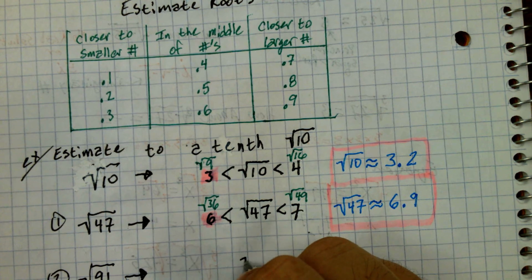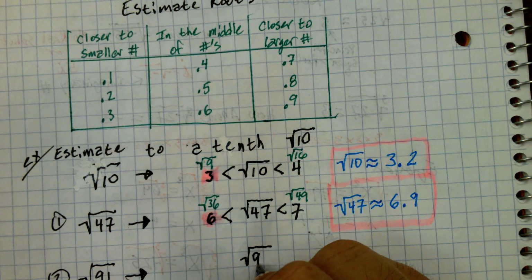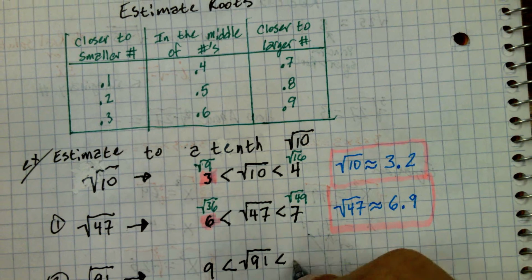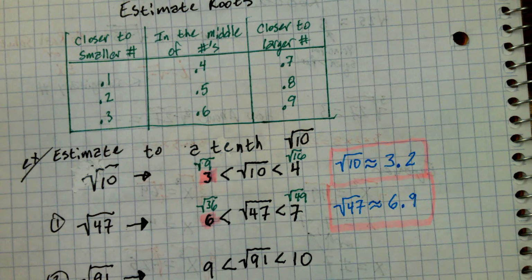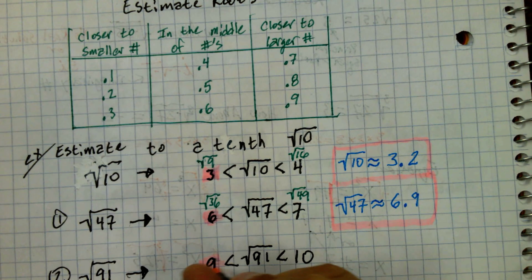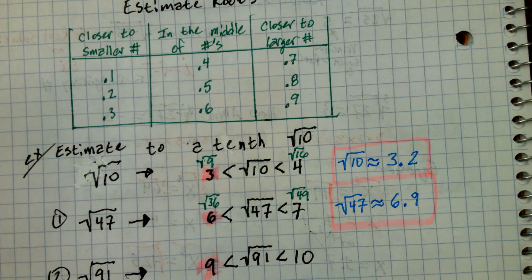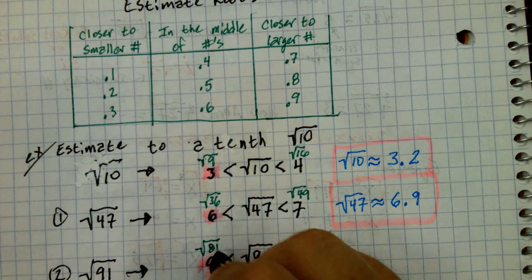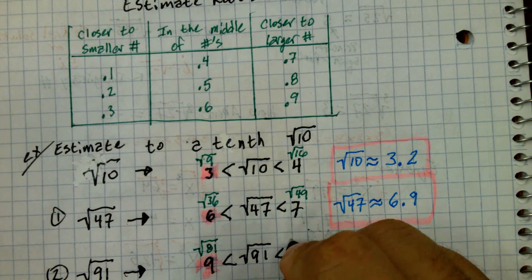So the square root of 91 is between 9 and 10. That means our answer is 9 and a little more. It's going to be 9 point something. 9 is the square root of 81, and 10 is the square root of 100.